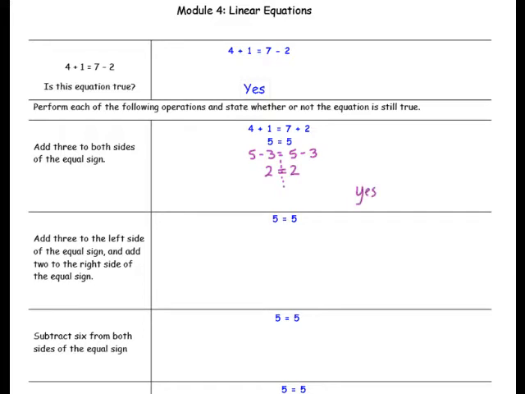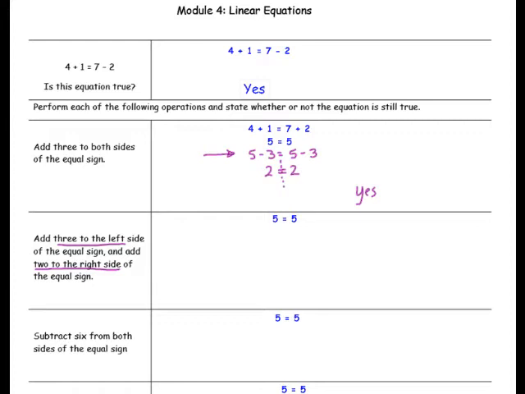For the next problem, subtract 3 from the left side of the equal sign and add 2 to the right side of the equal sign. In the above problem, I used the horizontal subtraction. In the next problem, I'm going to go below and do the vertical.